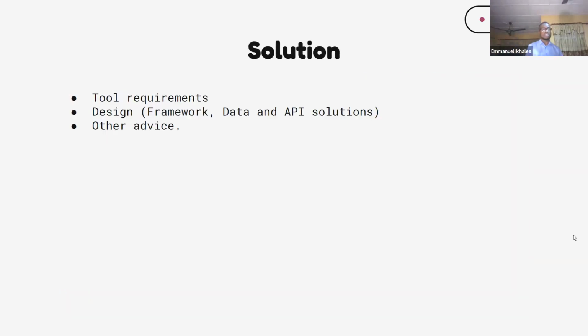Then he can give good advice around the tools they need, a design, and some other opinions on how they can continue to maintain tests through changes that can be made on the application and when the application has been pushed to production.